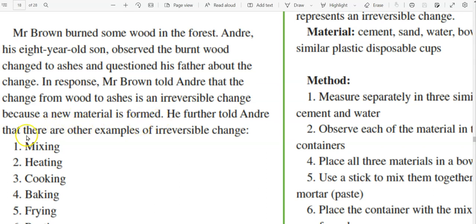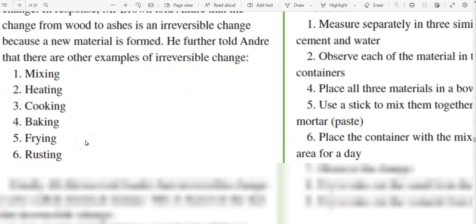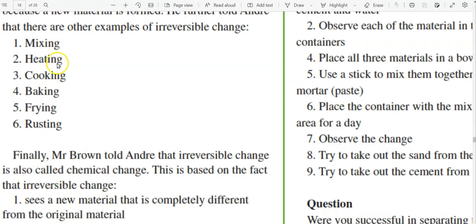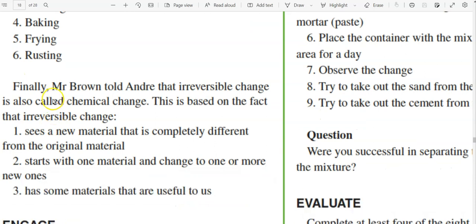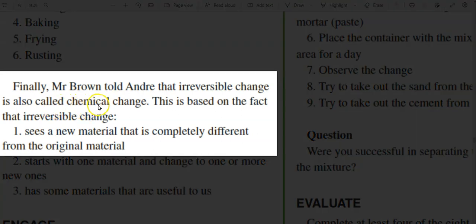He further told Andre that there are other irreversible changes, to include mixing, heating, cooking, baking, frying, and roasting.